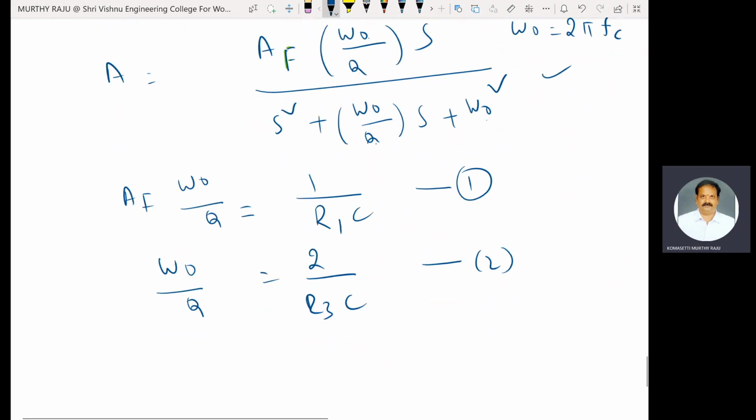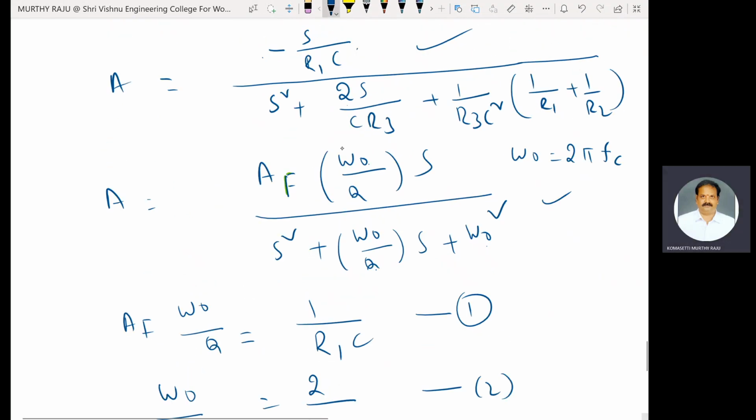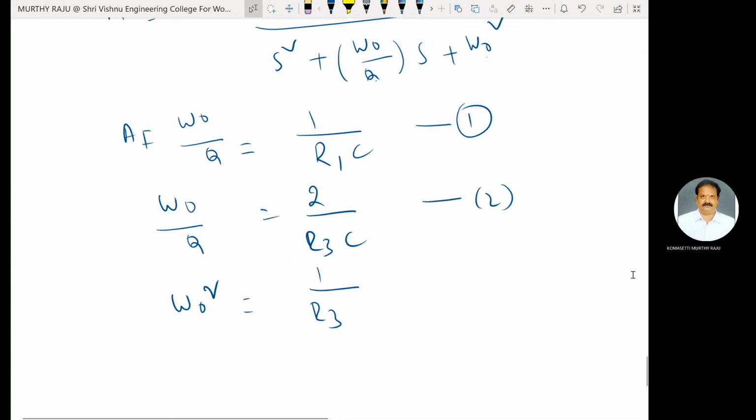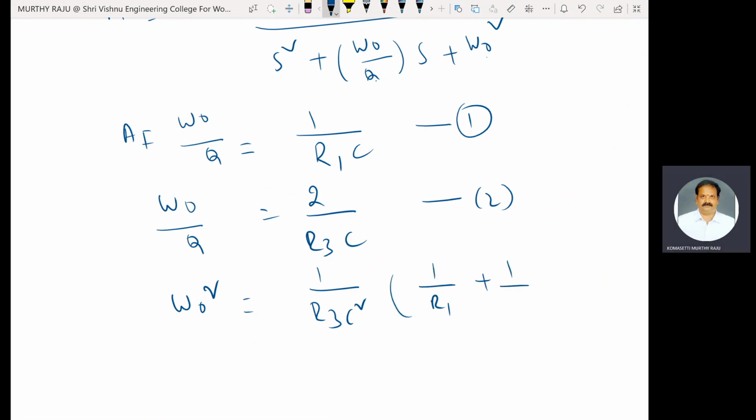Omega naught square is equal to 1 by R3 C square into 1 by R1 plus 1 by R2. This is equation number 3.